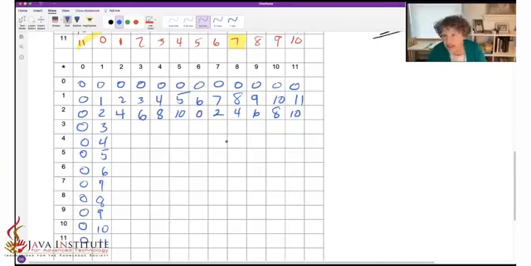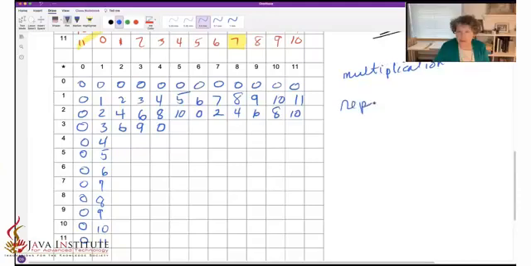And then 3 times 6, 9, 12, but that's 0. And you know what's going to happen here? Because what is multiplication? It's repeated addition.